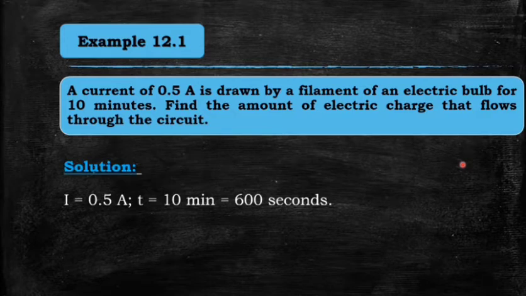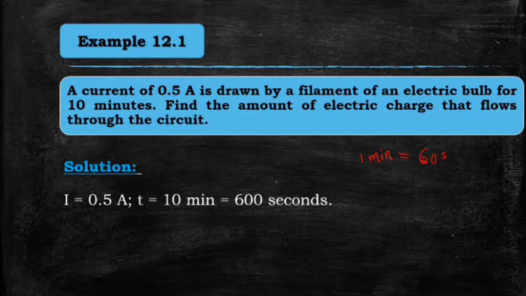What is given is I is equal to 0.5 ampere. And the time given is 10 minutes. One minute is nothing but 60 seconds.